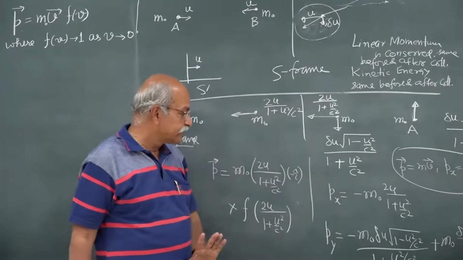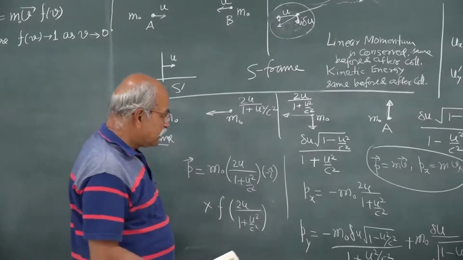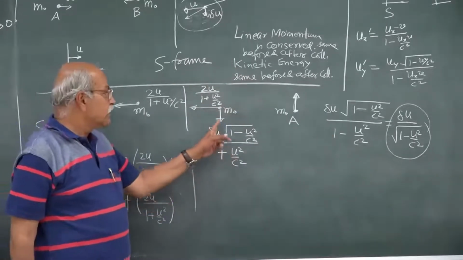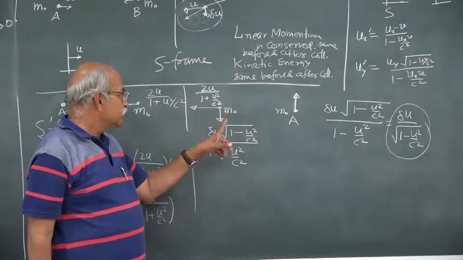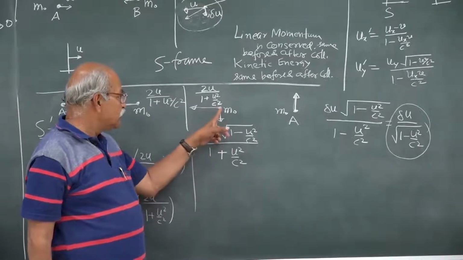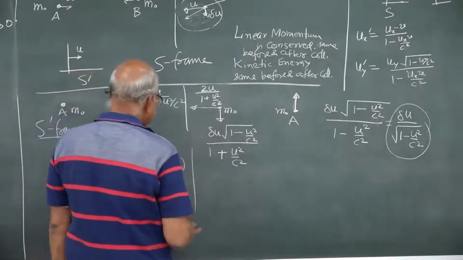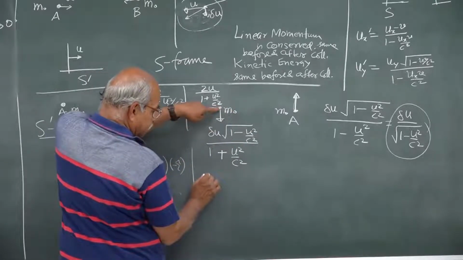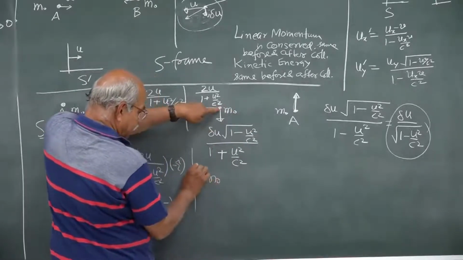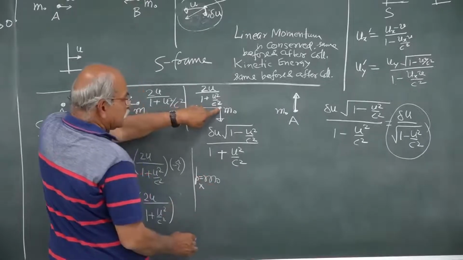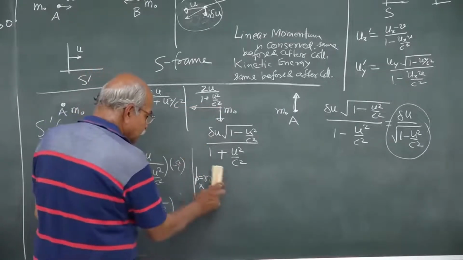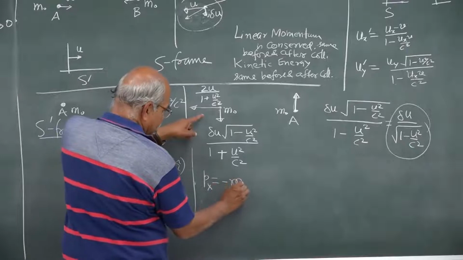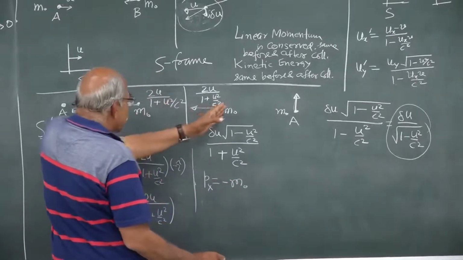And what happens this side? This side, the linear momentum of this particle in x direction from S prime after the collision will be, I am writing p x, minus m naught times the x component.